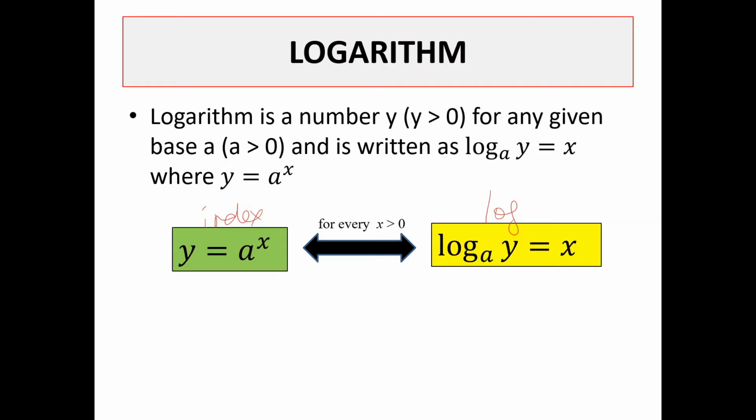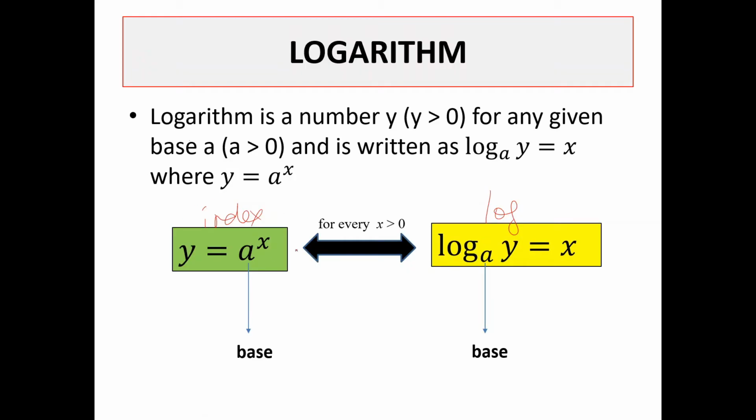The main thing that we have to consider in this relationship is the base. So the most important part is we have to know how to identify the base. Which one is the base?